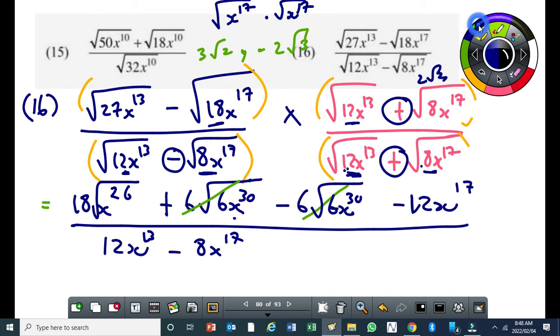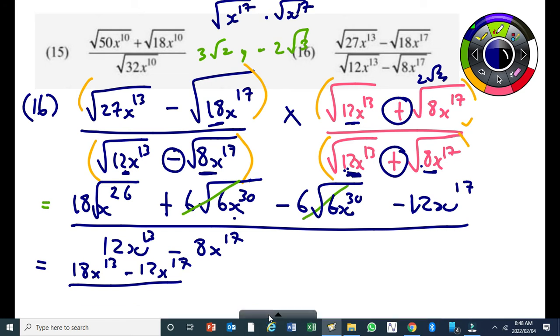So in the end, we are going to be left with 18x to the power of 13 minus 12x to the power of 17, all over 12x to the power of 13 minus 8x to the power of 17.